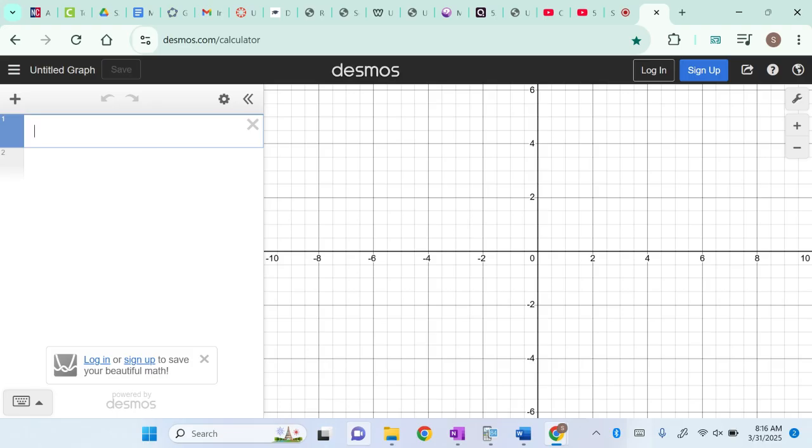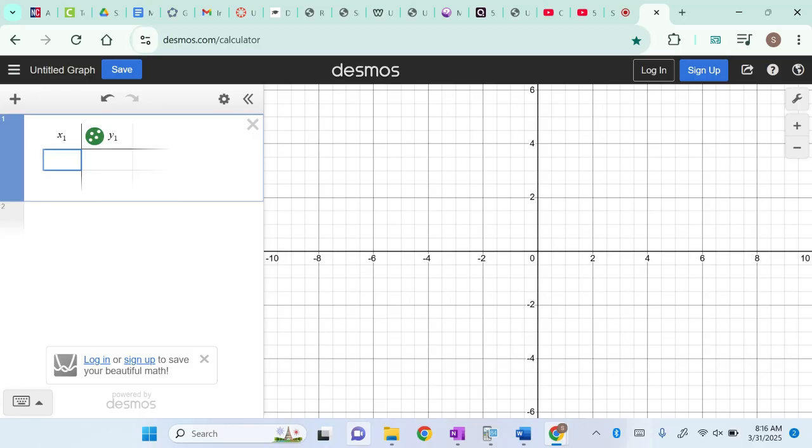All right. So the very first step that you're going to do is you're going to click in the top leftmost corner that plus button. When you click that plus button, you'll see this drop down. The third from the top says table. You're going to click that to insert a table into Desmos.